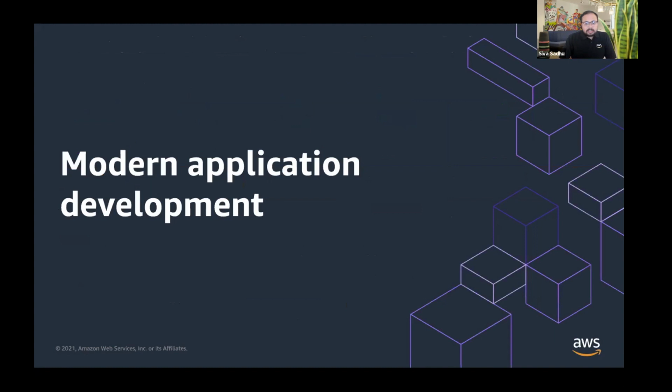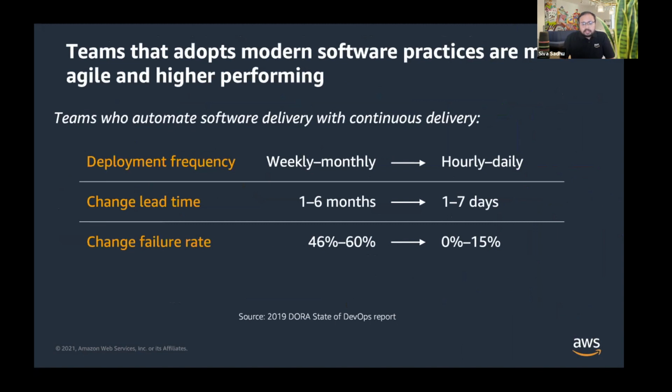Let me switch gears to modern application development practices here. We have seen customers adopt modern application development practices since they provide opportunities to be more agile, efficient, and lower their costs. During modernization, decentralizing development and release processes presents a new set of challenges.